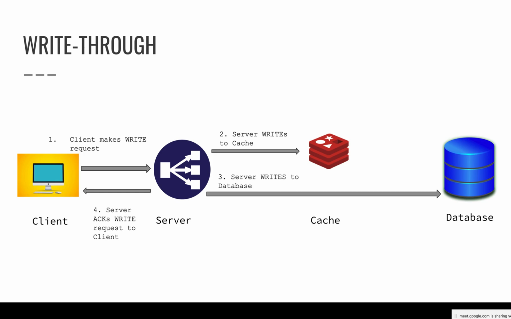That means if any of them does not respond to the server that yes, data has been successfully written, the server won't respond back to the client with a successful message. It will simply give back an error to the client. That means it's going to return some kind of error response, not a successful one.